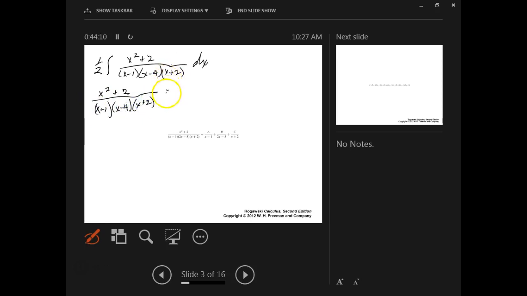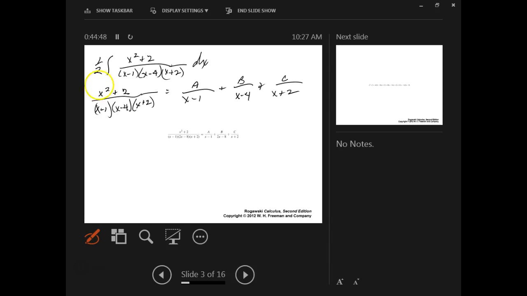That would be A, you said, over x minus 1. How about B? Yeah. X minus 4. We want that to happen. To decompose that pretty complicated looking thing up there into something we can work with, partial fractions.